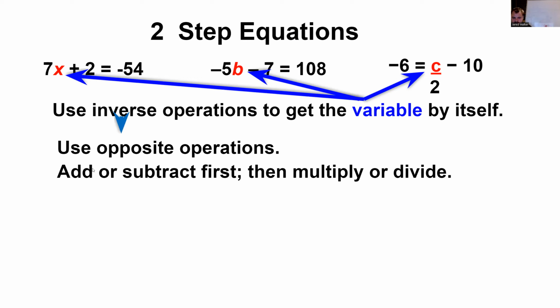So in PEMDAS, what's last? Addition and subtraction. So that means we need to start with that. In the same way, when you're putting on your clothes, what did you put on last? The jacket. So when you're taking your clothes off, that's what you need to start with. Since in the order of operations, we would multiply and then we would add, when we're undoing the order of operations, you'll add and then multiply.